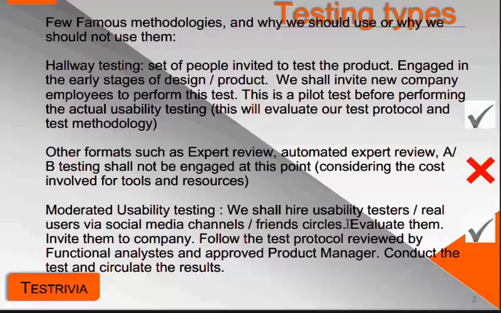Five famous types are there: Hall Way testing, remote usability testing, expert review, automated expert review, and A/B testing. The first testing type which I want to take in this session is Hall Way testing.